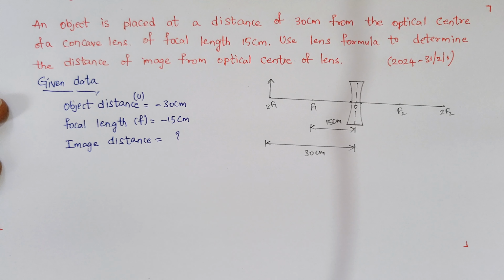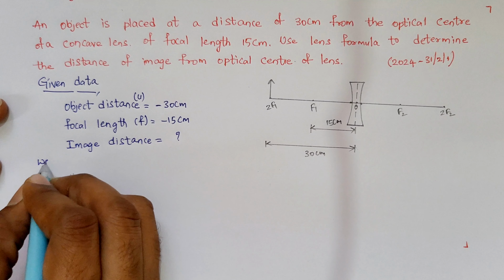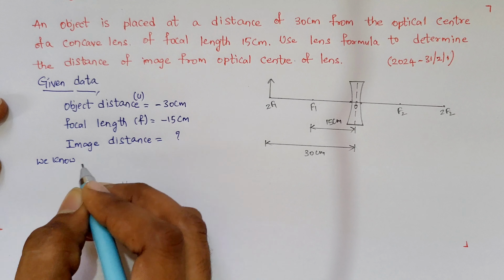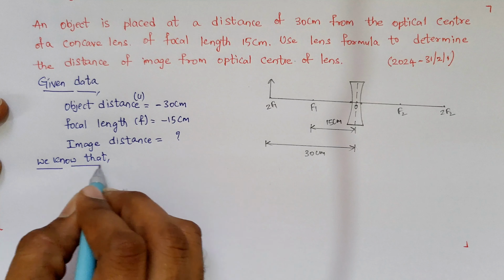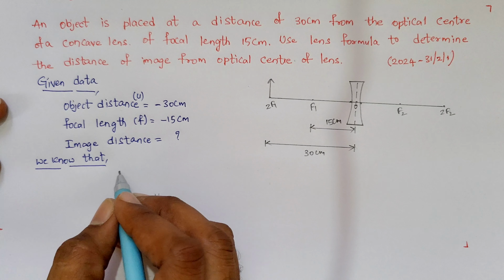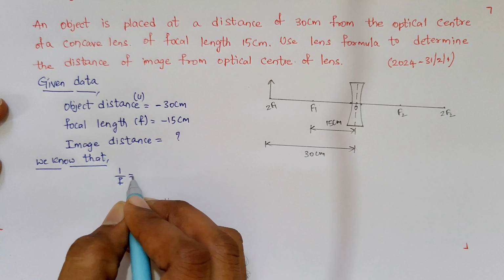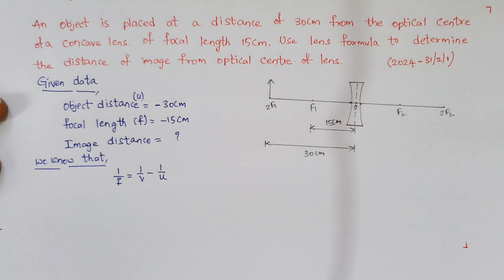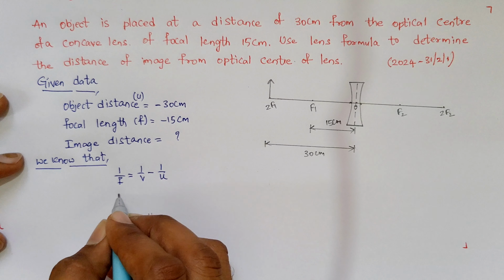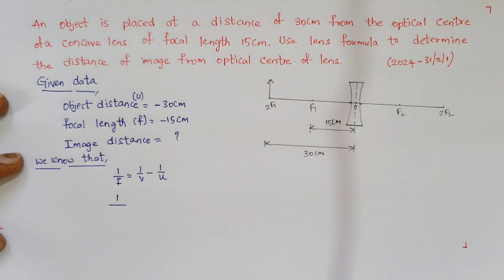What do we know? We know that the mirror formula, here we are using lens. So lens formula is 1 by f is equal to 1 by v minus 1 by u. Correct? So substitute the equations. How much they give? Focal length of concave lens will be negative.